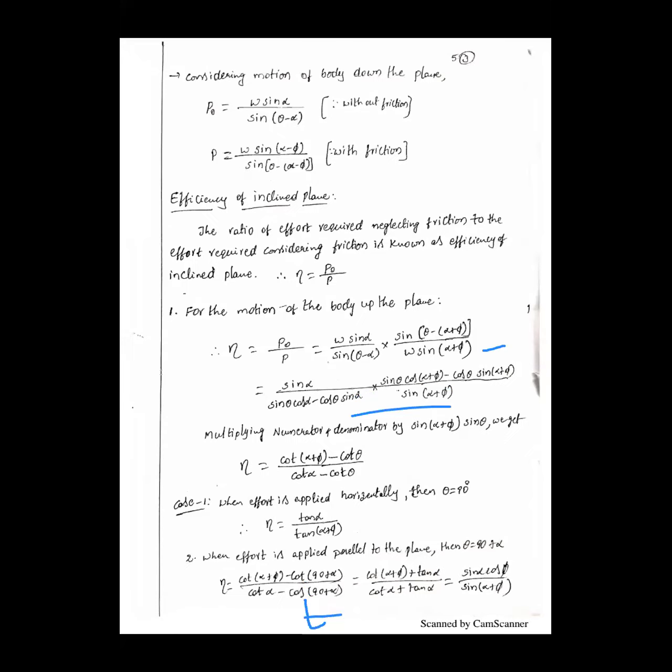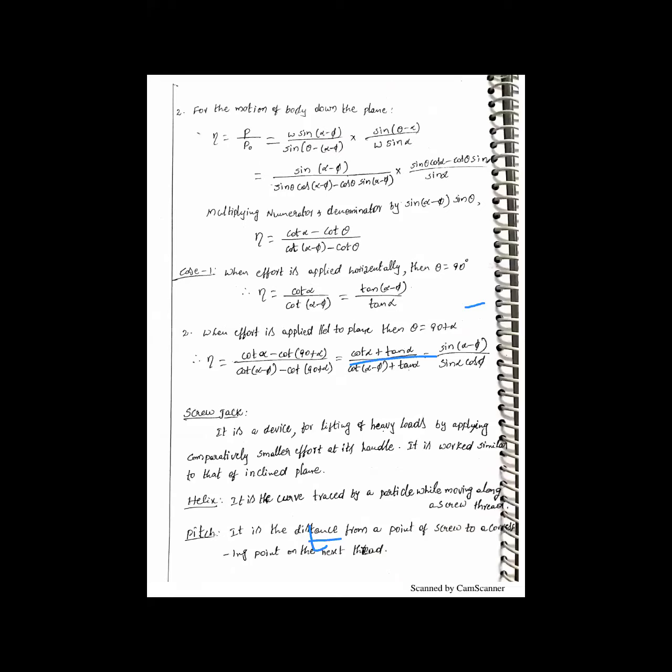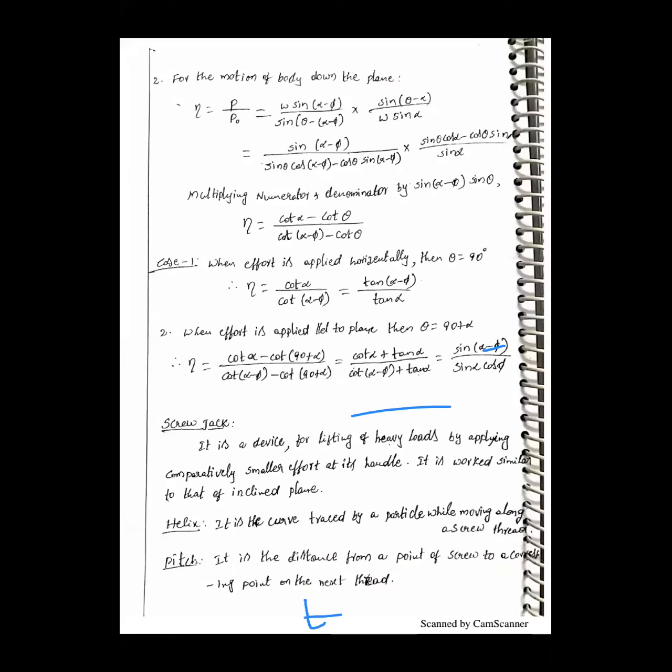Simplifying the equation, the remaining term is sin alpha cos phi by sin alpha plus phi. So that is the first case.